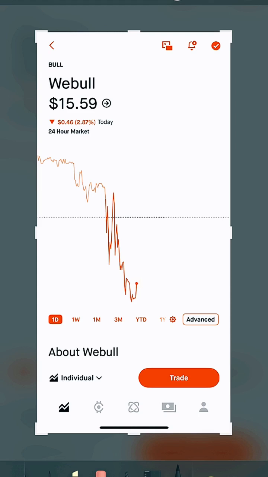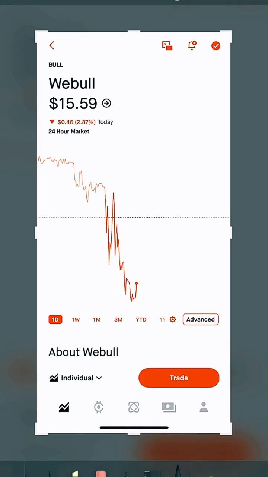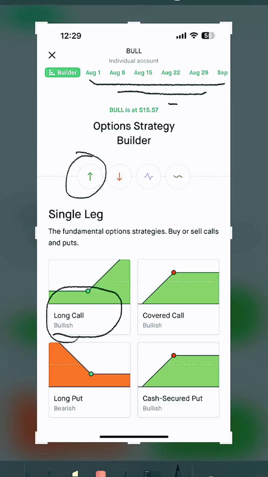That's buying it outright. But if I wanted to trade it like stock options, you don't just press buy. You press buy when you just want to buy a piece of it. But you're going to press trade right there, and then this is going to pop up. This is for Robinhood, I just want to show you what it looks like. You're going to hit trade options, and a screen like this is going to pop up.